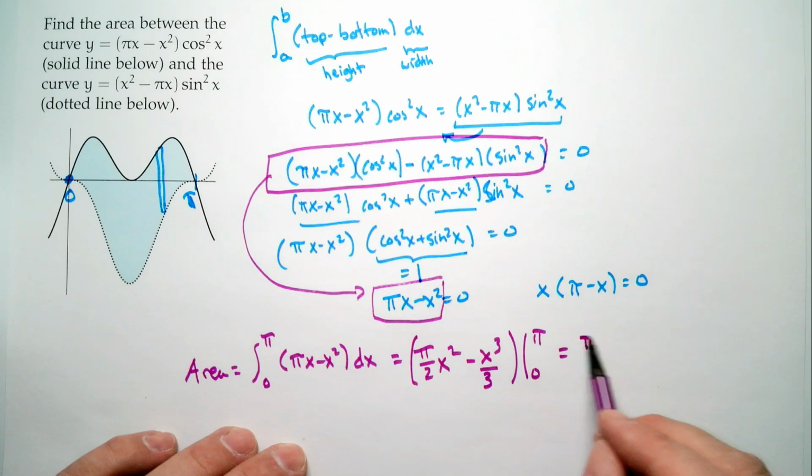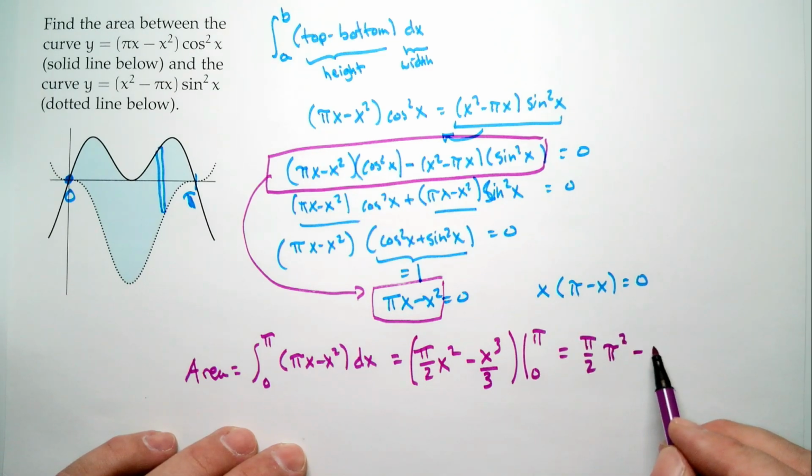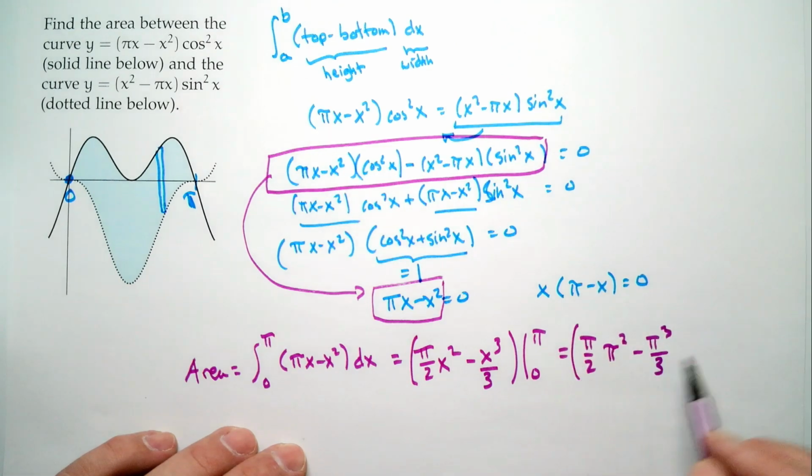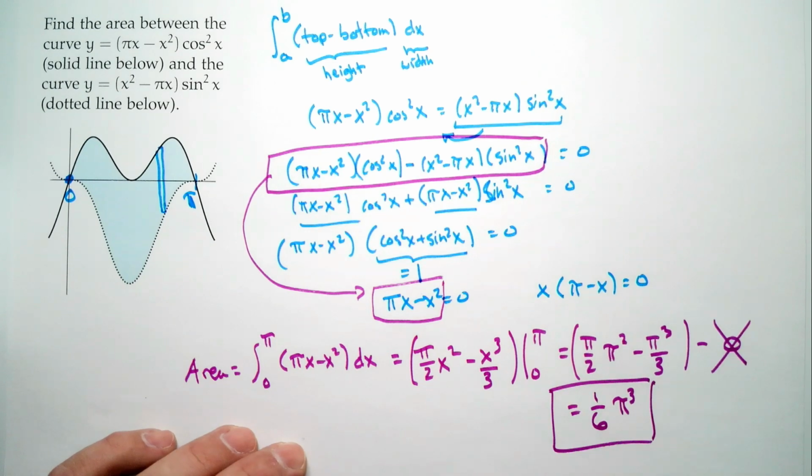So we're going to get pi over 2 times pi squared minus pi cubed over 3. And then we subtract, plug in 0, you get 0, so that just goes away. Now you have pi cubed over 2 minus pi cubed over 3. That becomes pi cubed times a half minus a third, which is 1/6. And so there's our answer: 1/6 pi cubed.